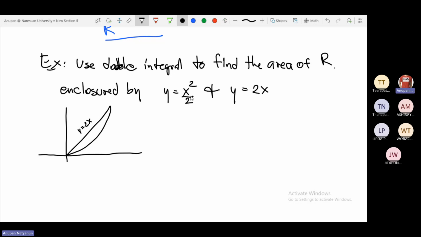So the parabola is y equal to x squared over 2, right? And the intersection points are 0, 0, and 4, 8. Okay. Now we need to find this area enclosed by these two functions or two curves.